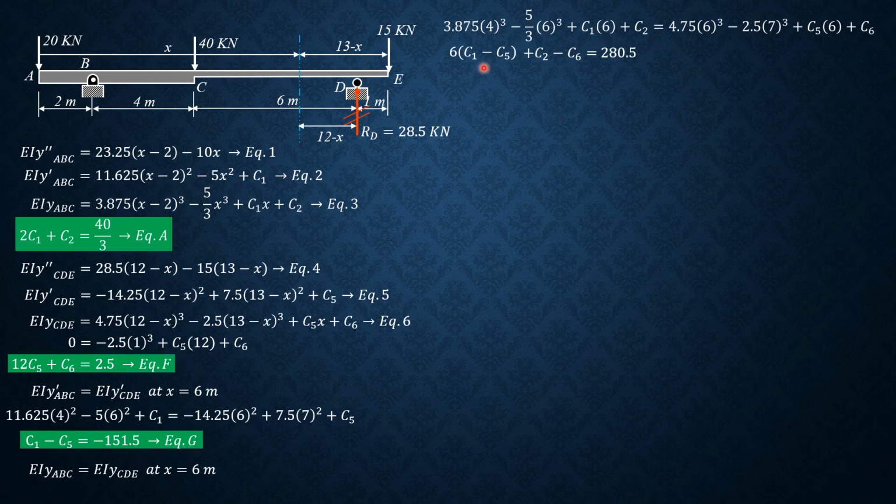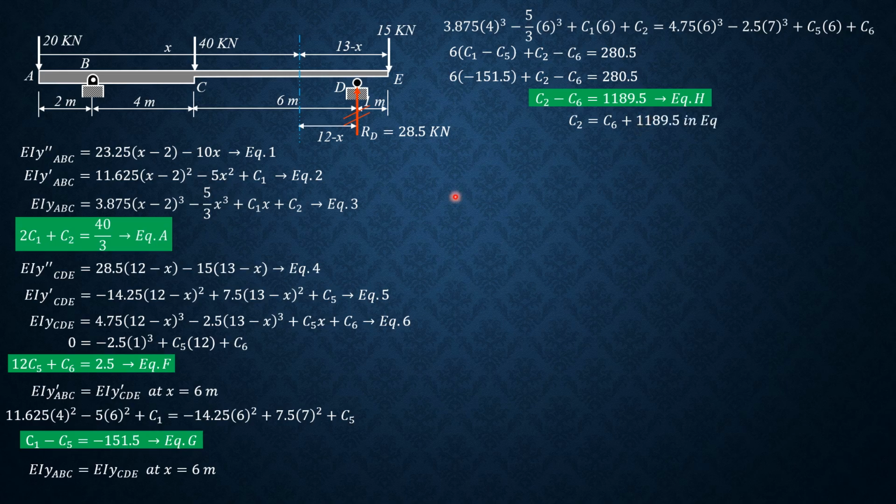Then since c sub 1 minus c sub 5 is negative 151.5 from equation G, substituting: 6 times negative 151.5 plus c sub 2 minus c sub 6 equals 280.5. So therefore c sub 2 minus c sub 6 is 280.5 plus 6 times 151.5, and we establish another equation, call this equation H. Then c sub 2 is c sub 6 plus 1189.5.